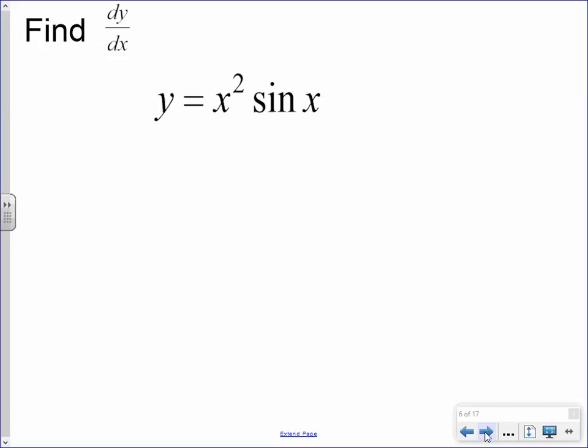Okay. Another example altogether. This one we don't have any other option. Okay, y equals x squared times sine of x.